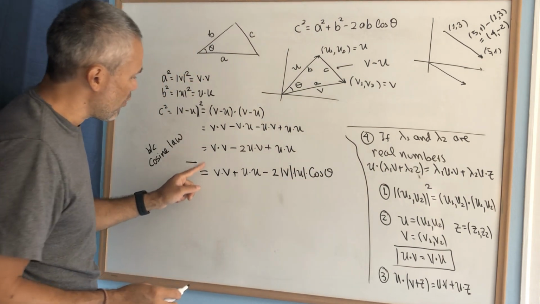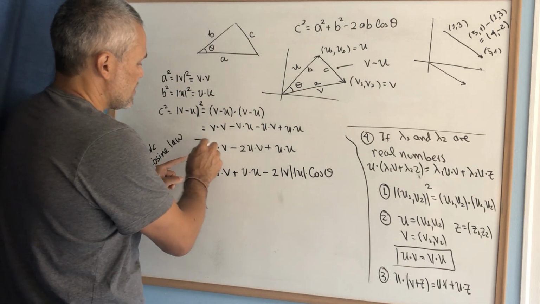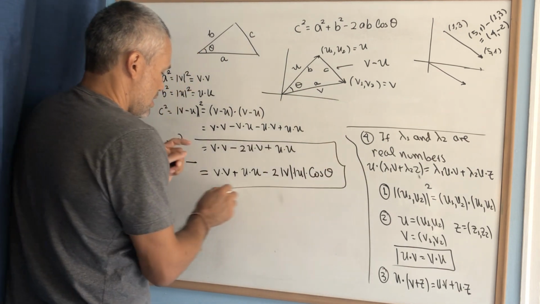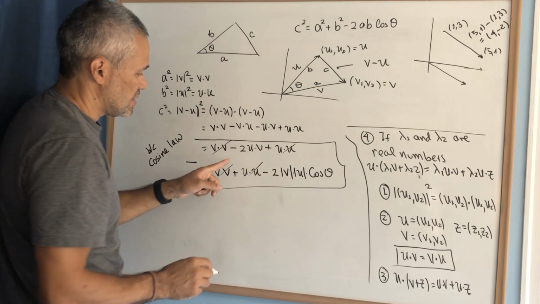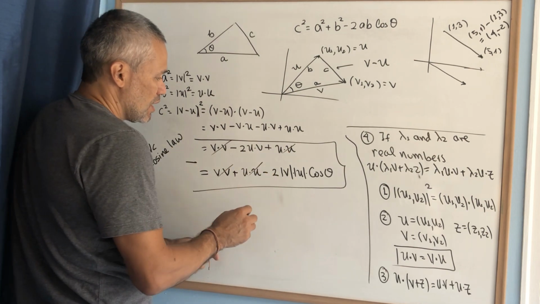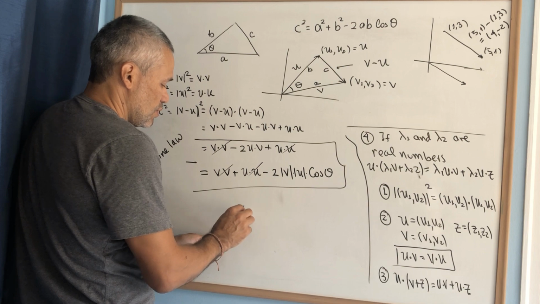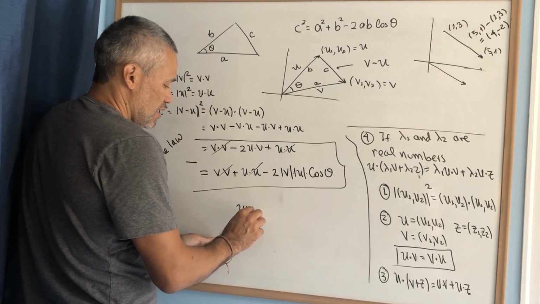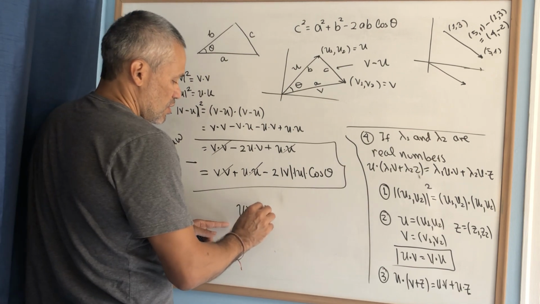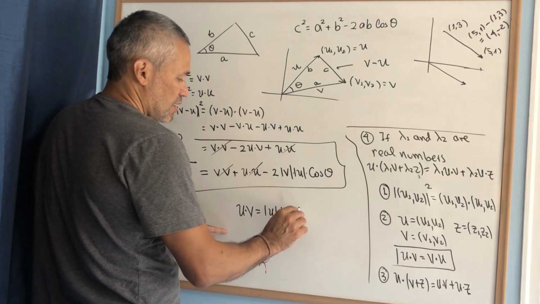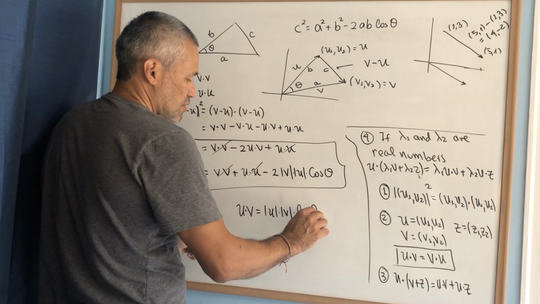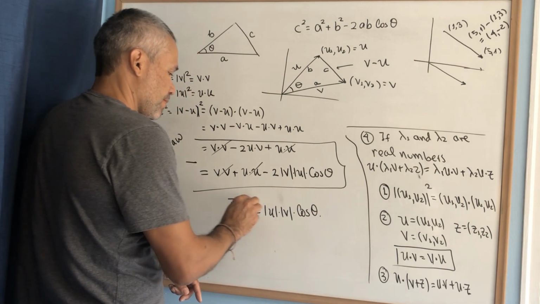Therefore these two things are the same, and we can cancel this with this, and this with this, and divide by -2, and then we get that u dot product with v is equal to the norm of u, norm of v, times cosine of theta.